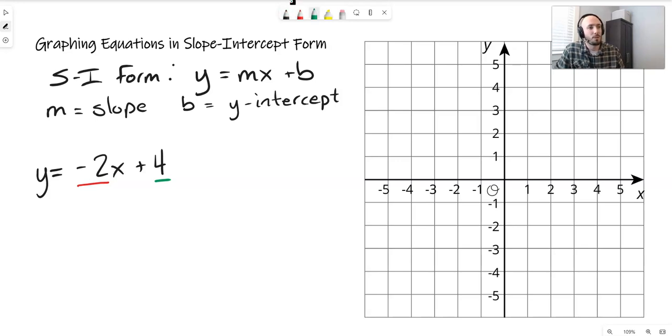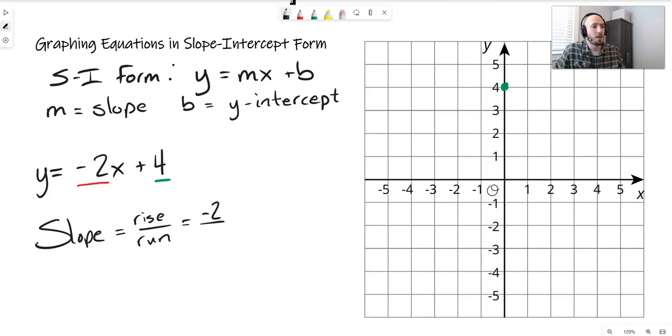Okay, so I'm going to start with my y-intercept, positive 4, and I'm going to plot a point there, the point 0, 4. And now I'm going to take this slope, and again, my slope is rise over run. We can put anything over 1 and it remains the same, so I'm going to take the slope, negative 2, and put that over 1.